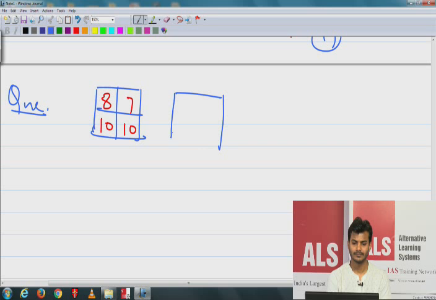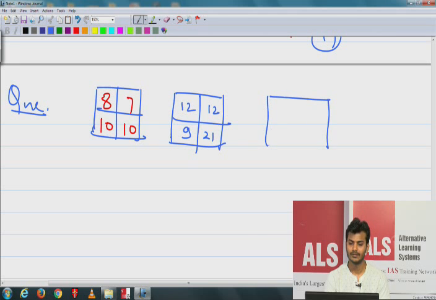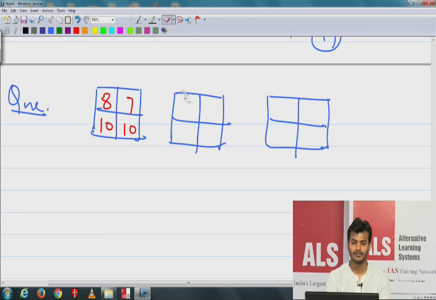Second is, here we have 12, 12, 21 and 9. Next is 12, 12. This is also 12, 9, 21. Here we have 4, 4, question mark, 8, 4.